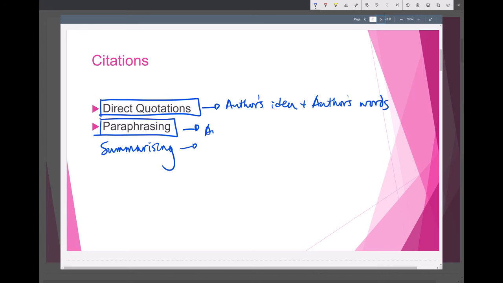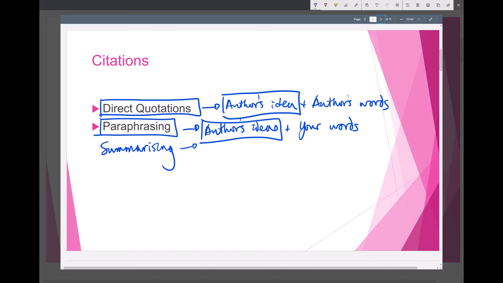These are the author's ideas, but in your words. Still, the important thing to remember is that you are citing the author's idea. And these are not your ideas or information.